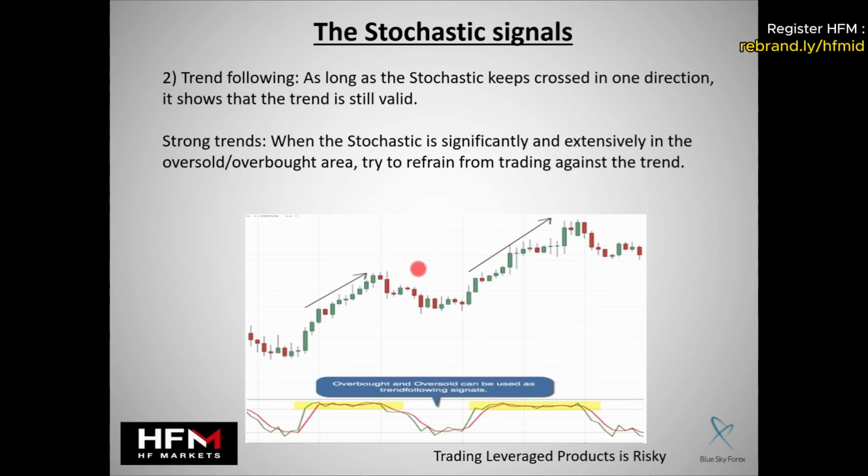Okay. So in one impulse wave, with the first impulse wave, you see that the stochastic or whatever overbought oversold indicator you're using, it sticks to the overbought threshold. Now during a pullback, obviously it comes out of this threshold, and the next time during the next impulse wave it goes back into the overbought threshold.